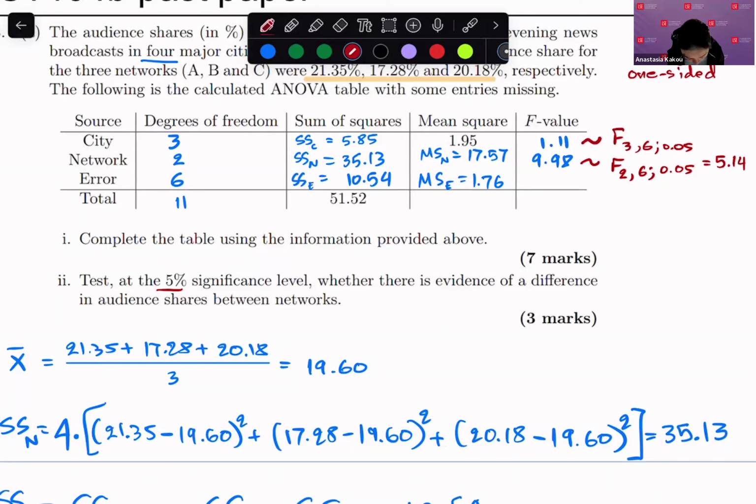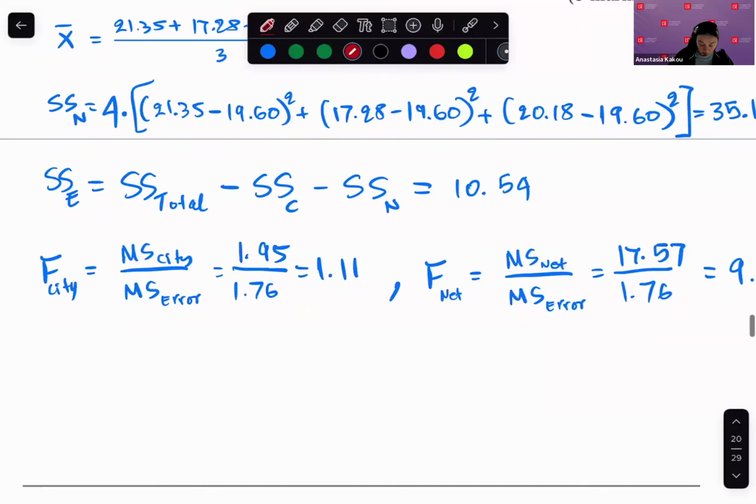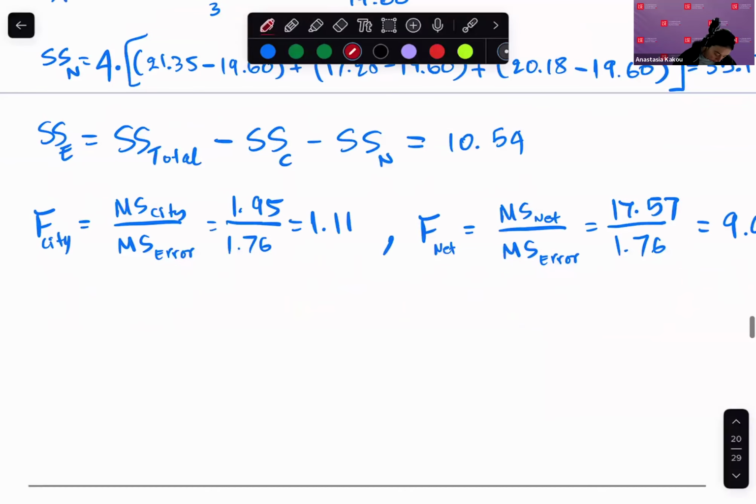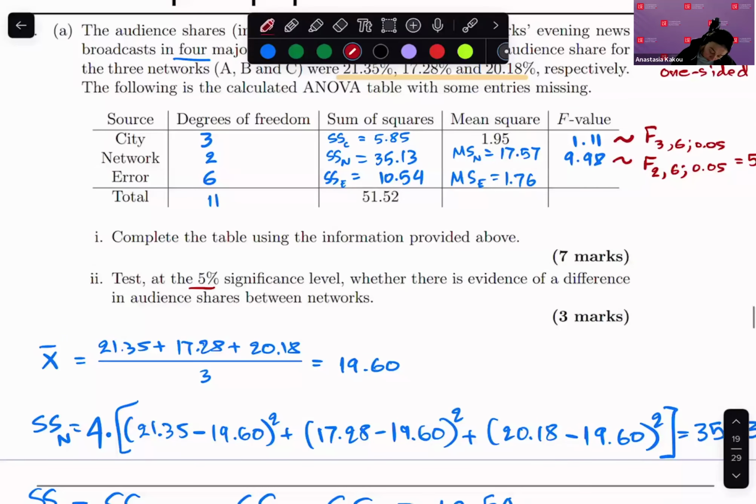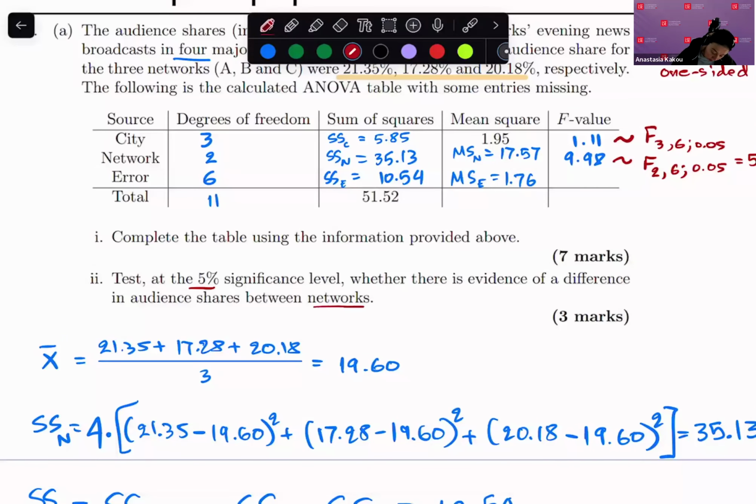Now, in order to conduct the test, we need to also write the hypothesis. Since we're comparing networks, how many networks do we have?